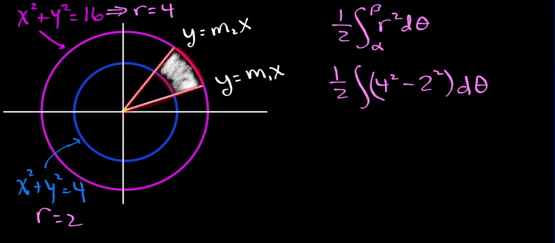Now, we're told that this is y equals m1x. Here you have x, this distance here, and here you have y, and here you have some angle down here, alpha. So here's what we have. If you look at this, we've got y over x equals m1.